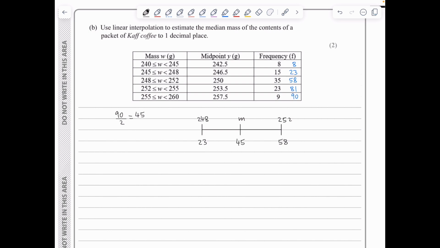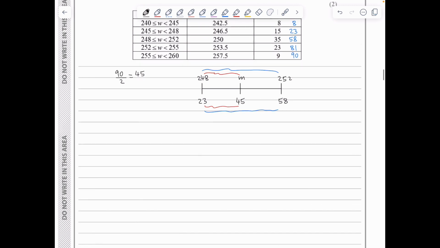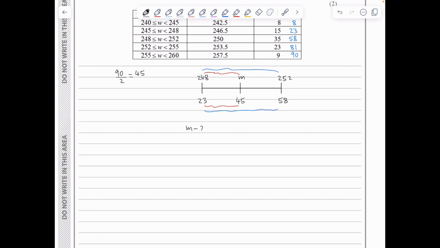So I'll be using ratio and proportion here. The small opening over the small opening is equal to the big opening over the big opening here, which means M minus 248 over 45 minus 23 is equal to 252 minus 248 over 58 minus 23.